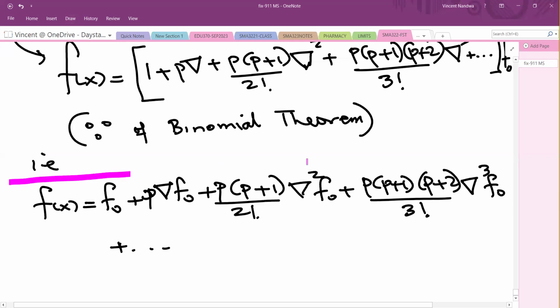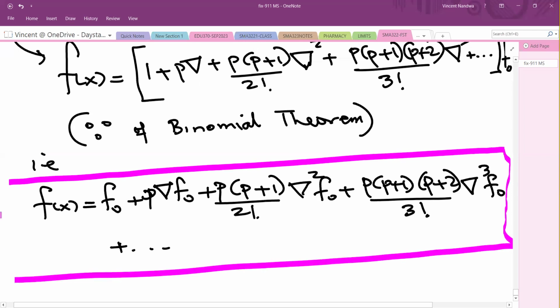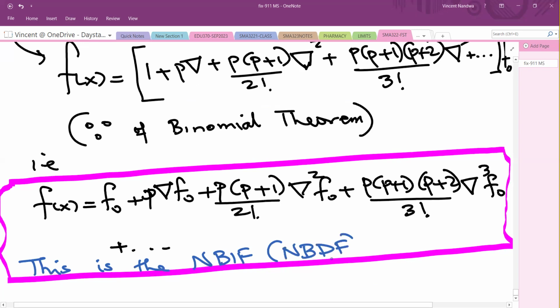And this formula is what we call the Newton backward difference formula or Newton backward interpolation formula.